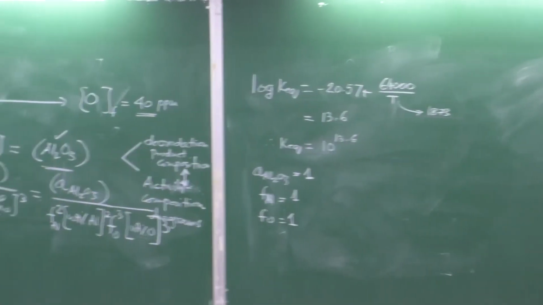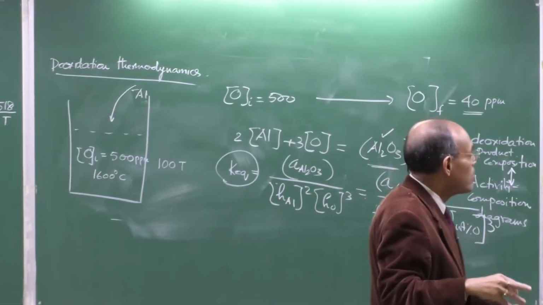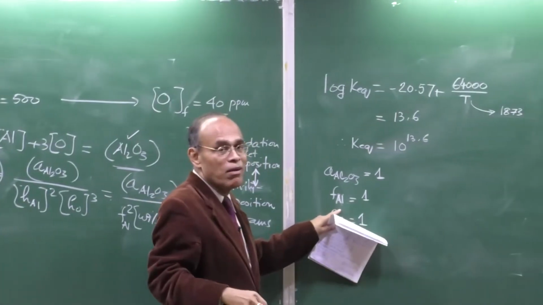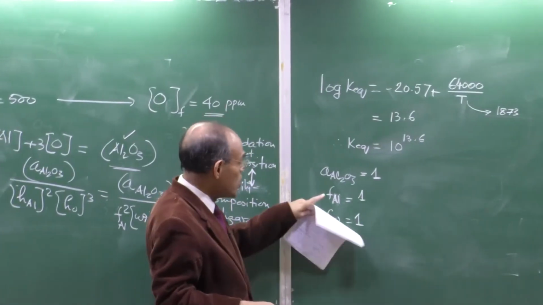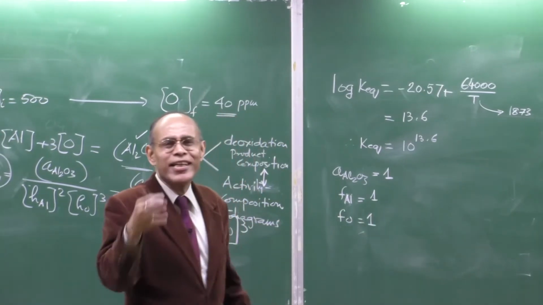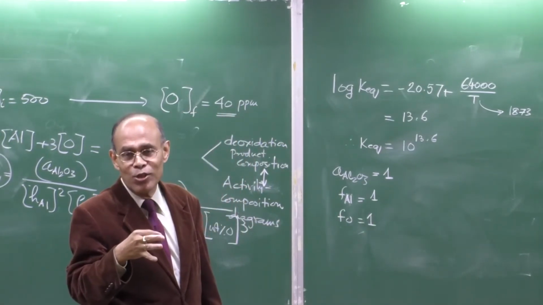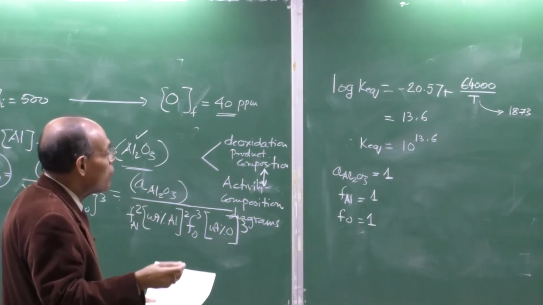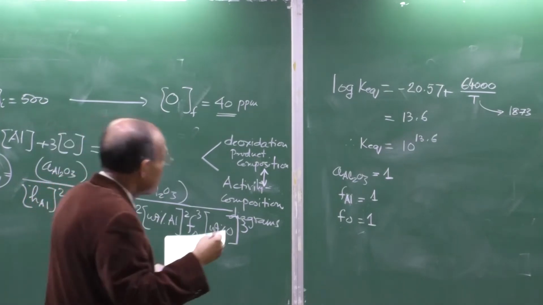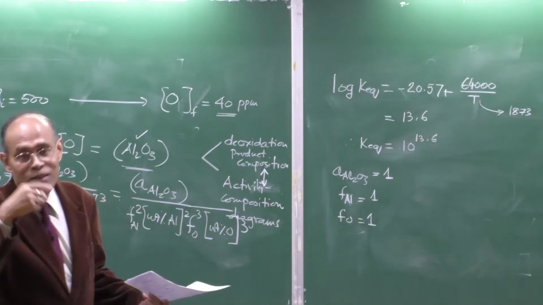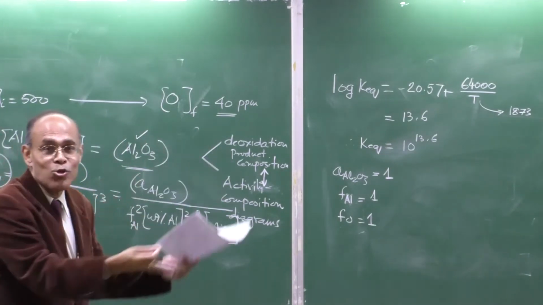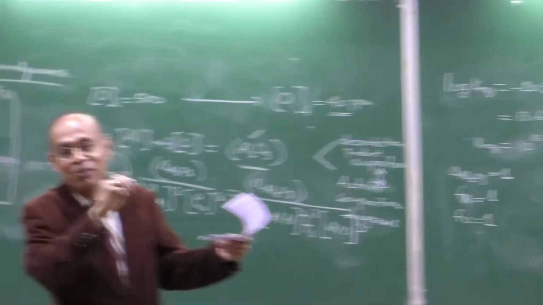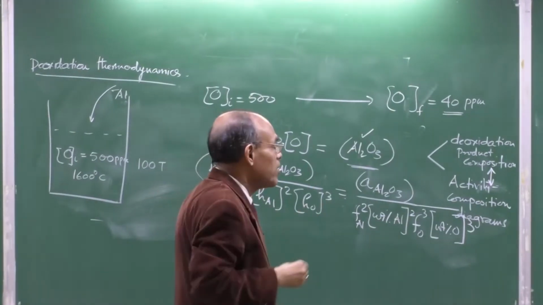By neglecting the self interaction parameters and considering f Al and f O, you can get a reasonably accurate value for the deoxidation calculations. If you consider the self interaction parameter also, you will not be able to solve it analytically; you have to make a table, do trial and error, and then determine the value.